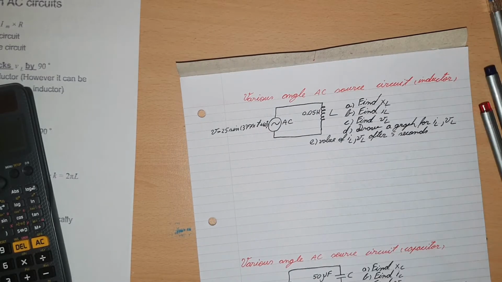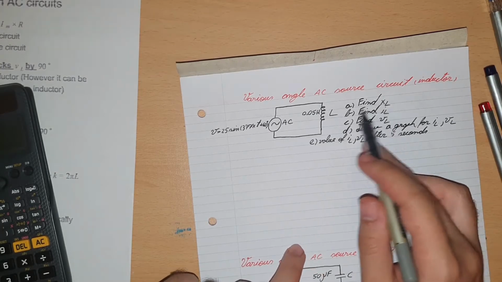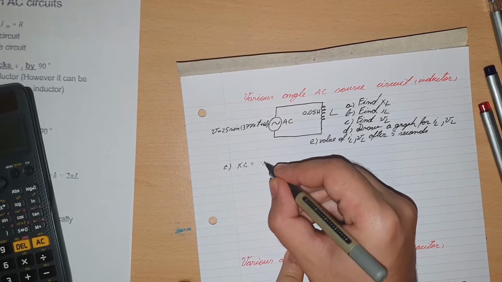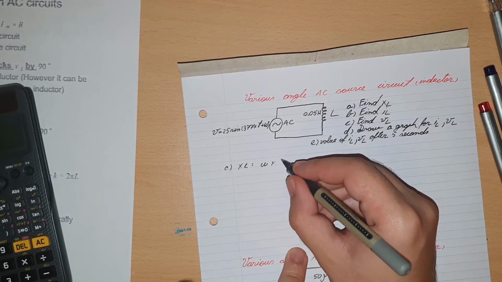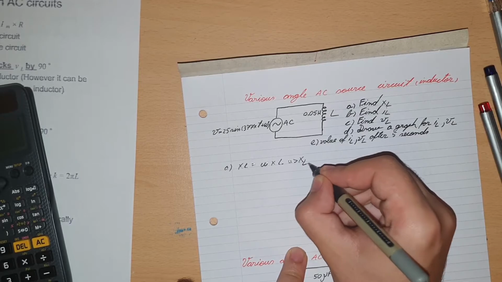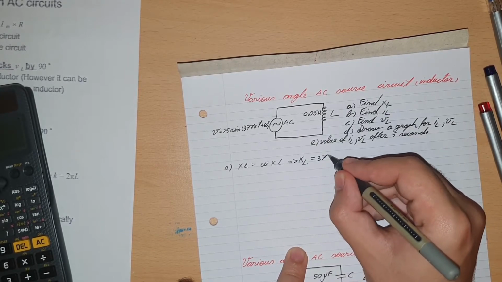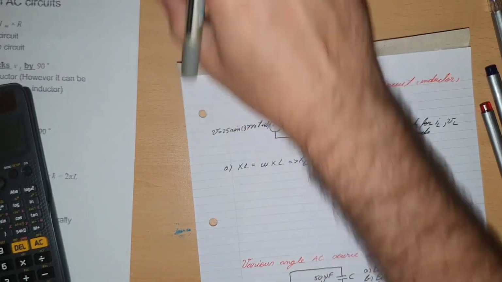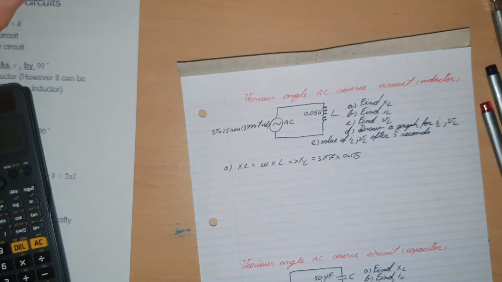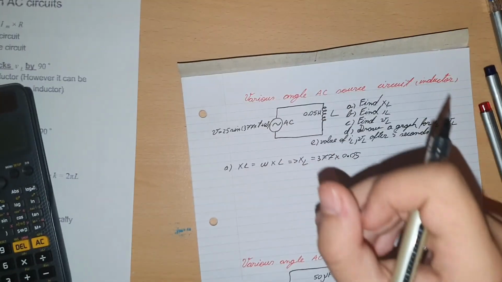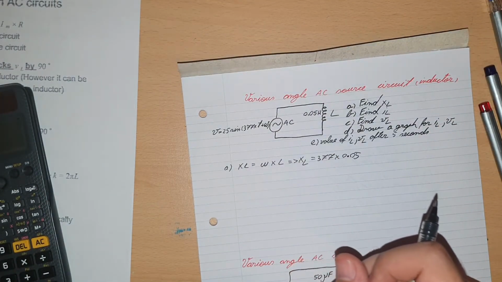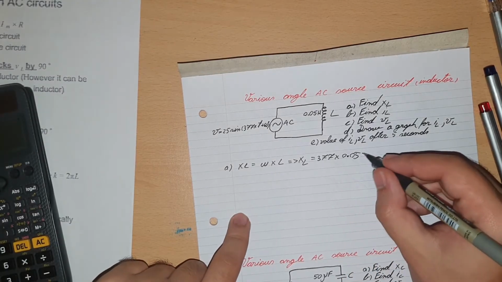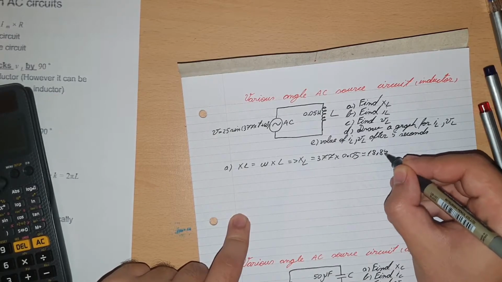Alright. First we start with A, which is to find the XL value. We know that XL is simply equal to the angular velocity multiplied by the inductance L. Therefore, XL will be equal to 377 multiplied by 0.05. I actually have the answers for these problems right here in front of me. That will be equal to 18.85 ohms.